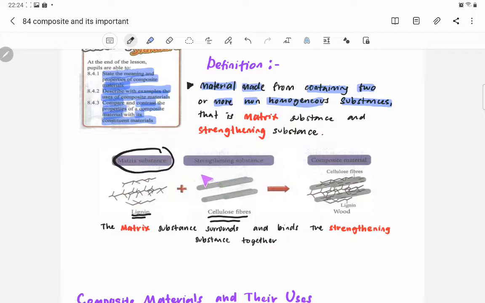The combination of lignin and cellulose will produce a composite material called lignocellulosic material, which is wood.